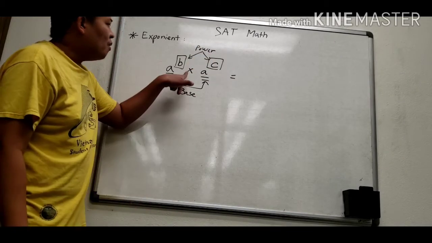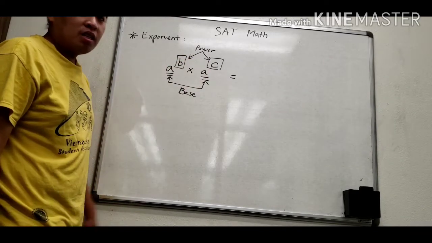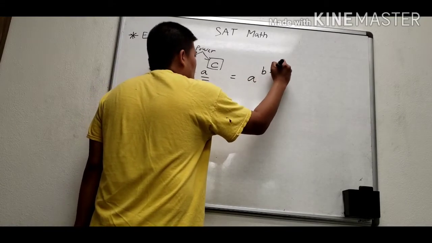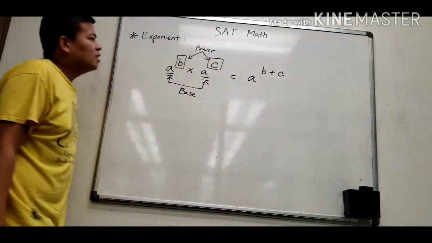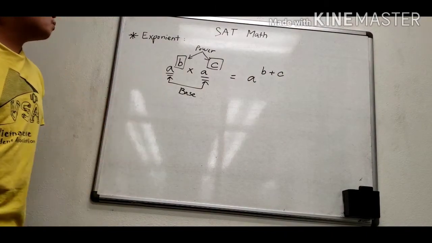So the formula for the multiplication of a power b and a power c is a power b plus c. This is the first formula of the exponent.